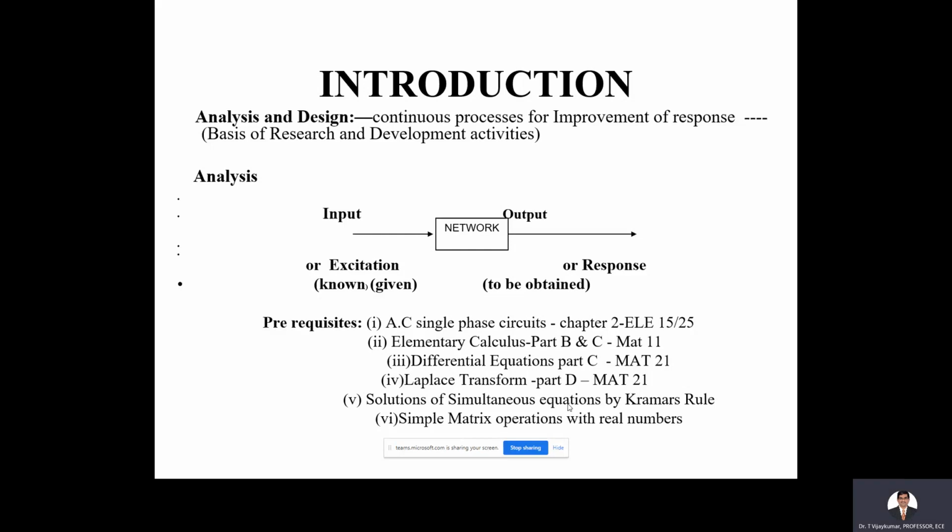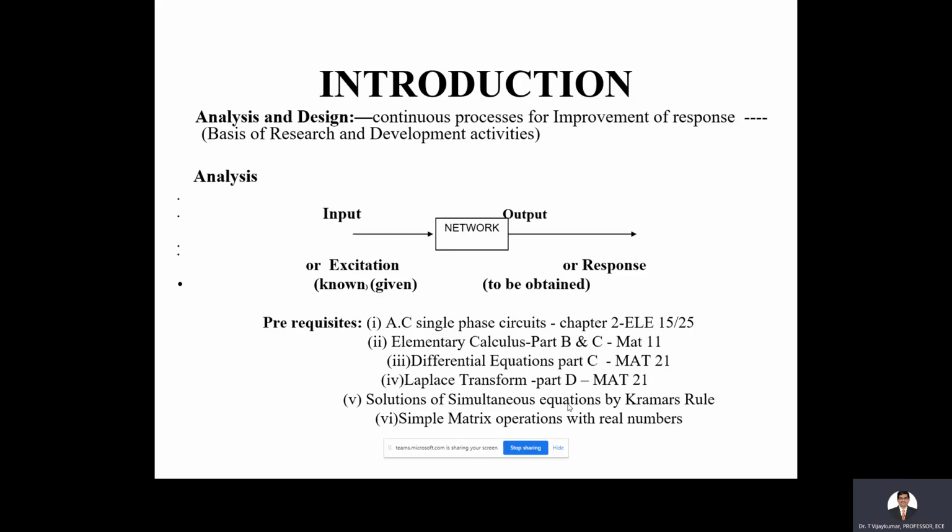So a network is a combination of resistors, inductors, capacitors, and active sources like voltage sources and current sources, and it does not form a closed loop. Then it is called a network.